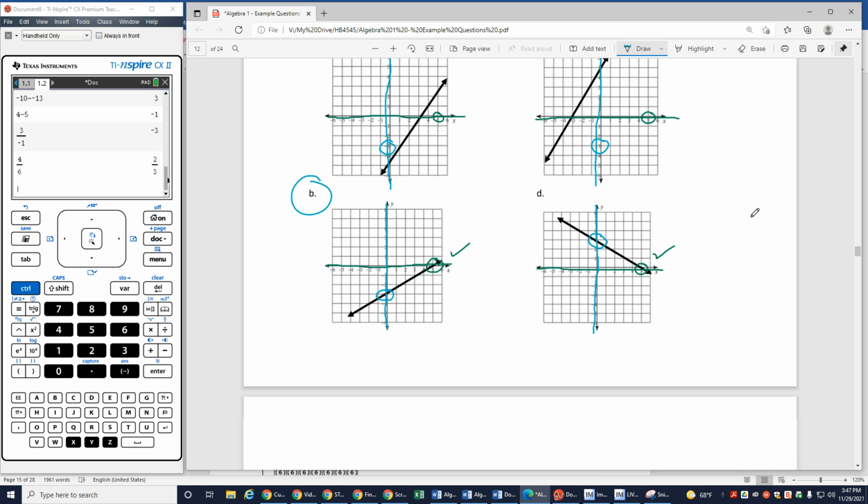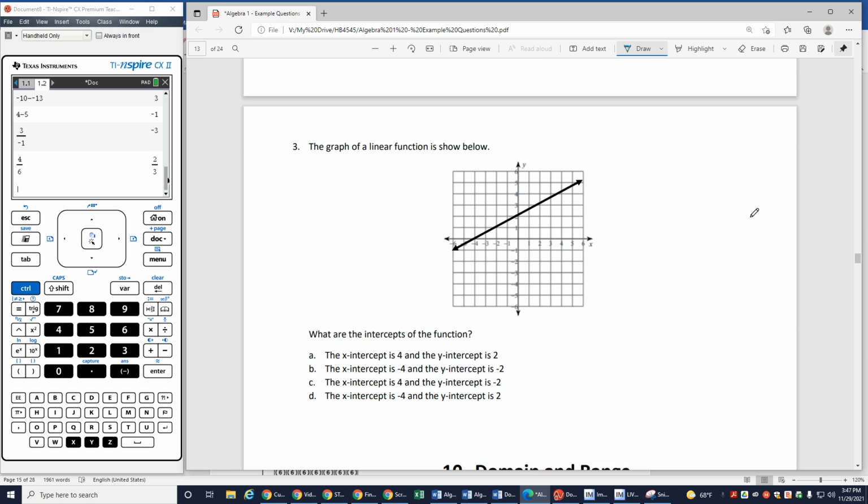All right, let's look at number 3. The graph of a linear function is shown below. What are the intercepts of the function? So again, we're going to do the same thing we did last time. My y-intercept is where I cross the y-axis. So that's going to be right here at 2, which means it's not this one, it's not this one.